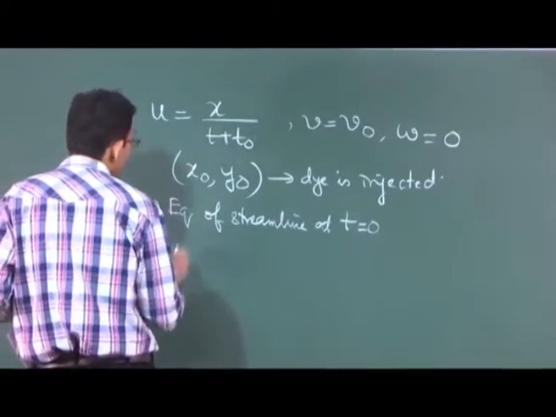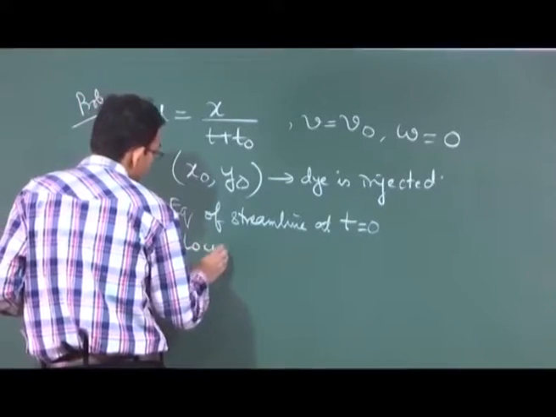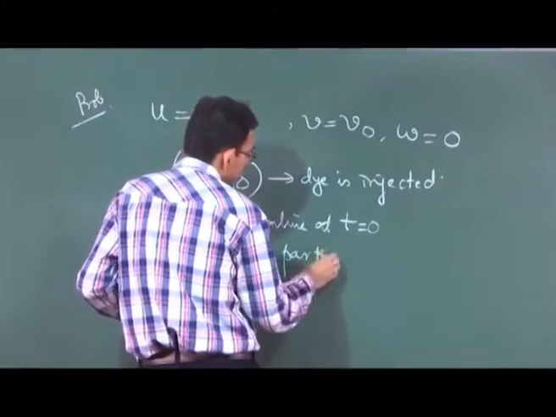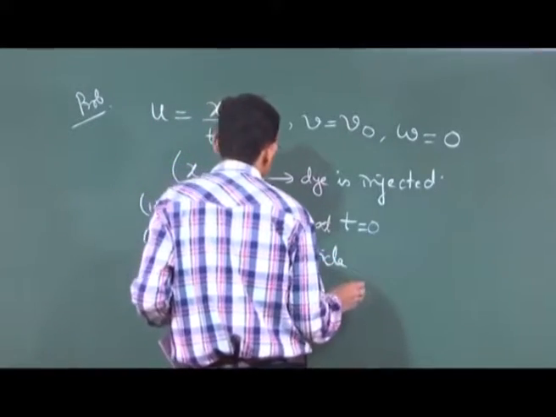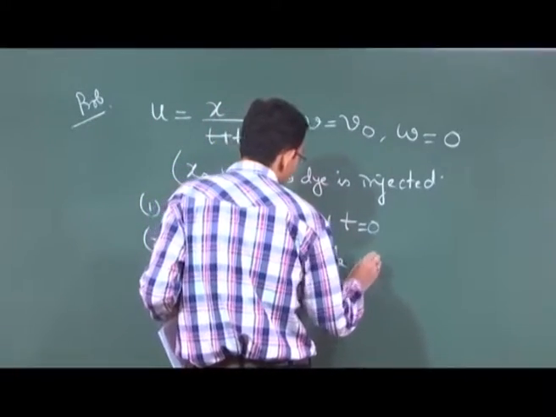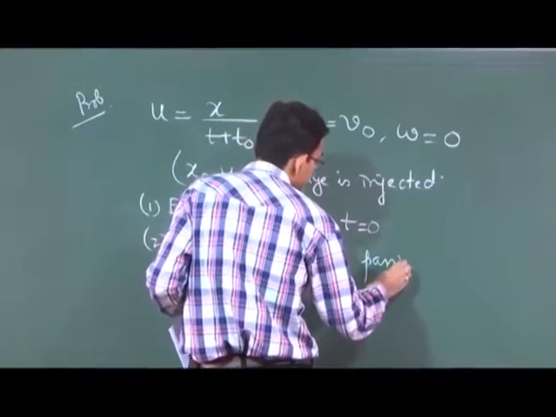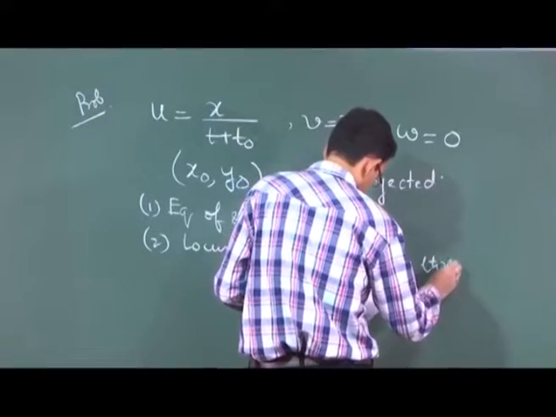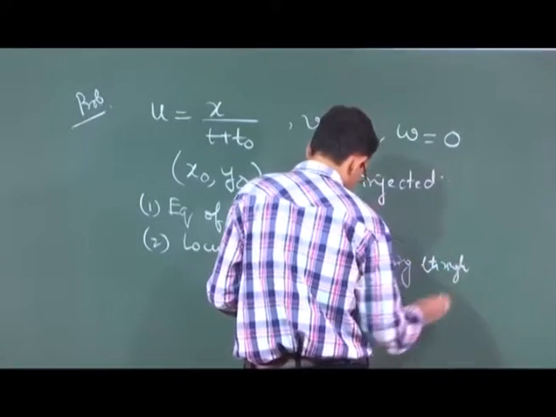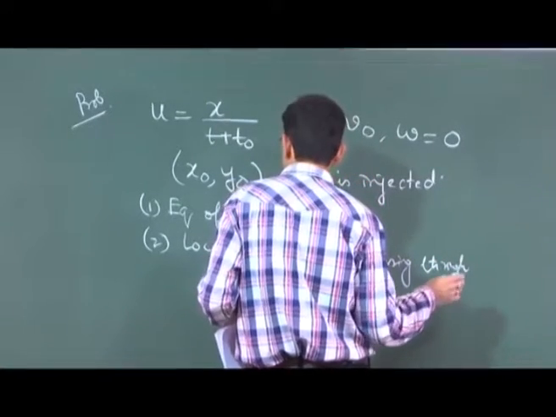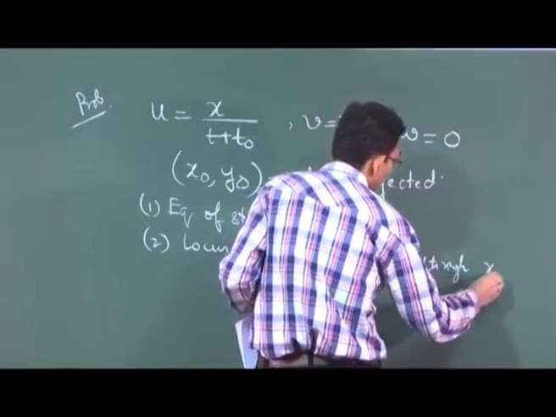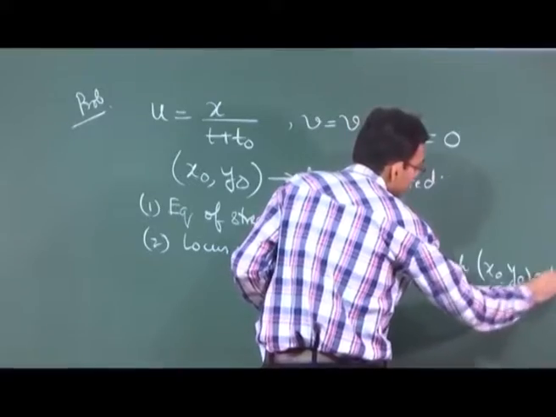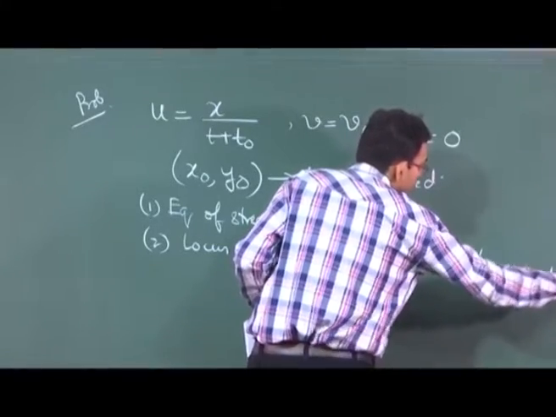Number 2, the locus of a particle passing through x0, y0 at t equal to t0.